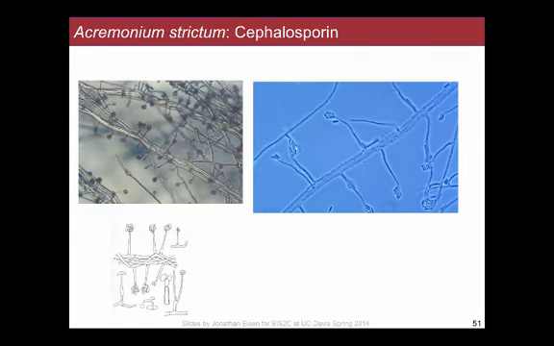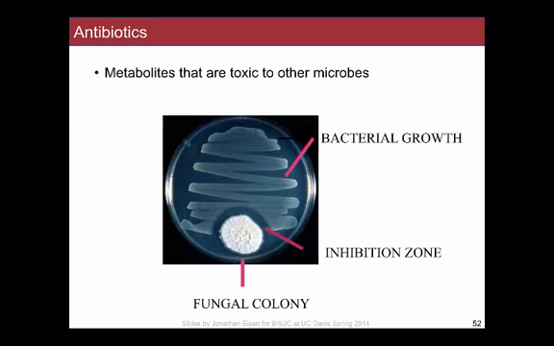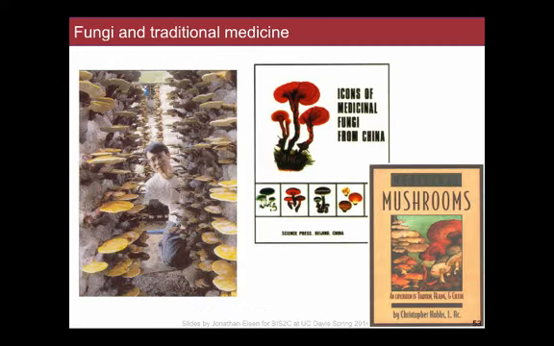Again, there's a diversity of them that have come from fungi based upon experiments like this. Yeah, so this is just showing how it's really easy to do this type of experiment and find organisms that are producing some type of antibiotic.